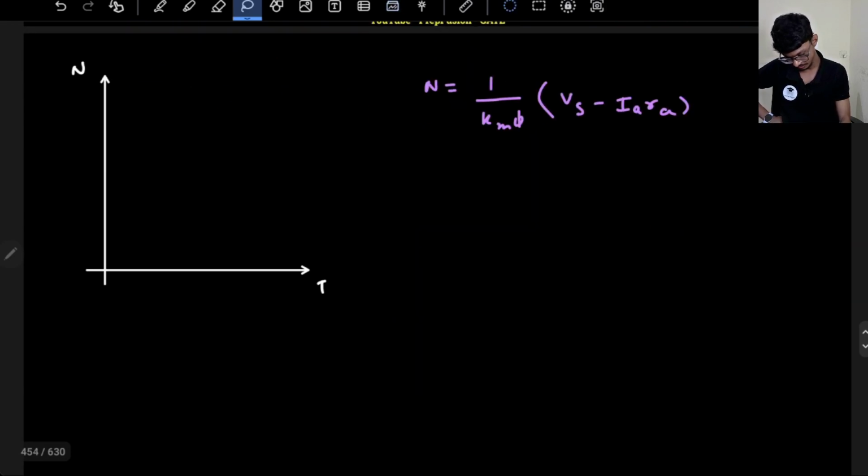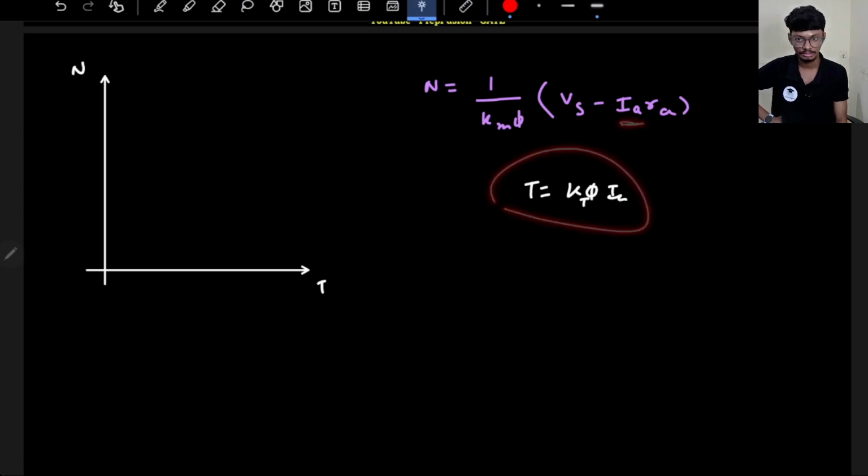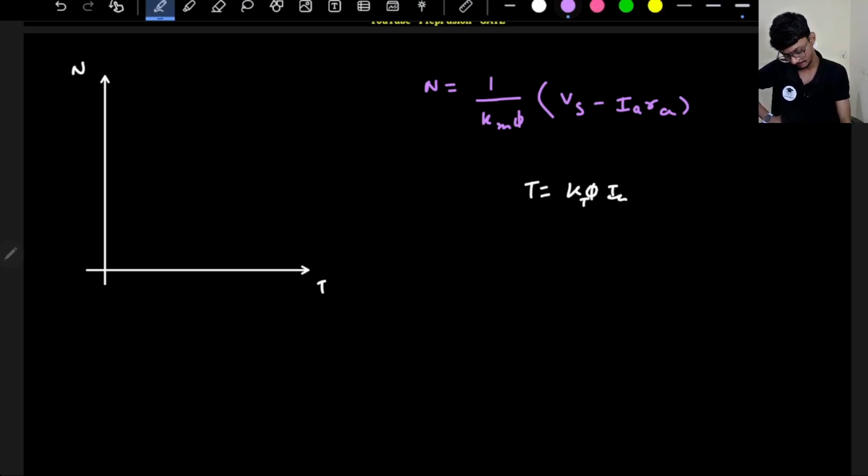Can I combine these two? I can replace Ia with torque, right? So my Ia is, from the second equation, torque divided by Kt into phi.